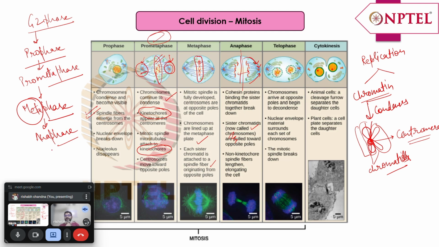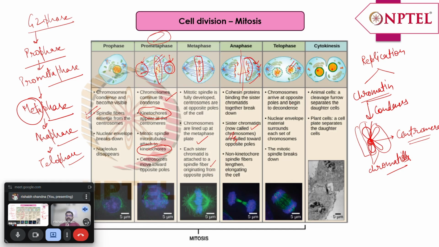Then the last phase is the telophase. In telophase, the chromosomes, the separated chromatids, reach the opposite poles and they start decondensing.